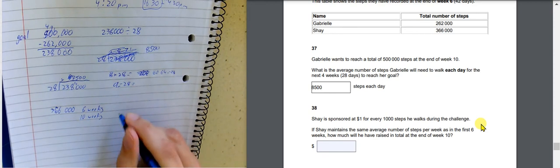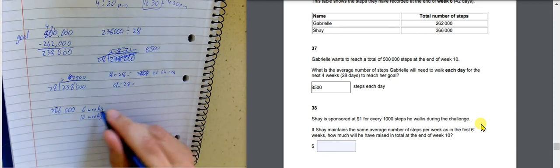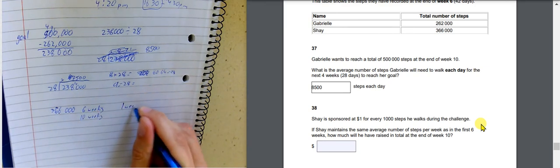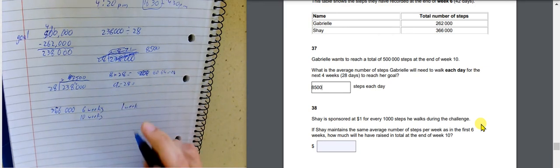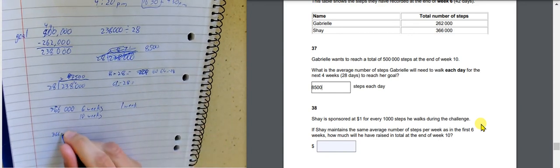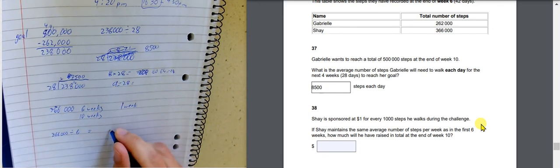So the way I'm going to do it is divide by 6, because if we divide 6 weeks by 6, we'll get 1 week, and then we just need to multiply by 10.